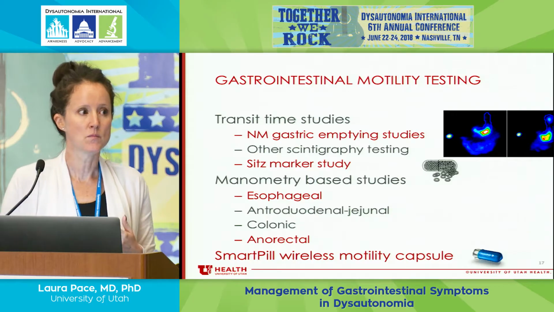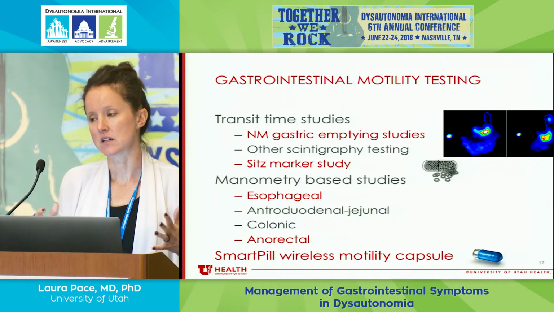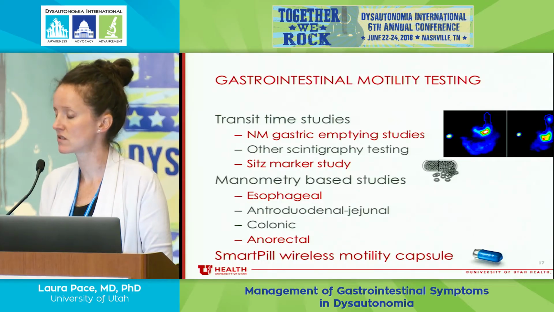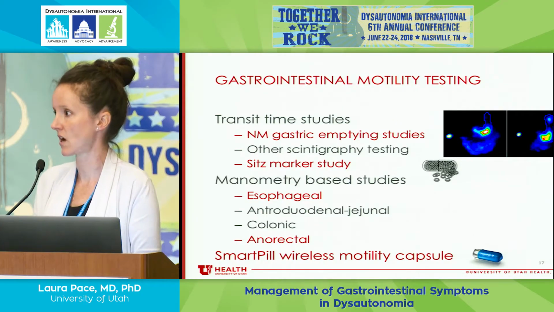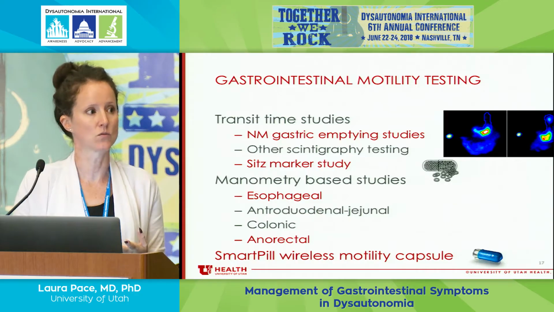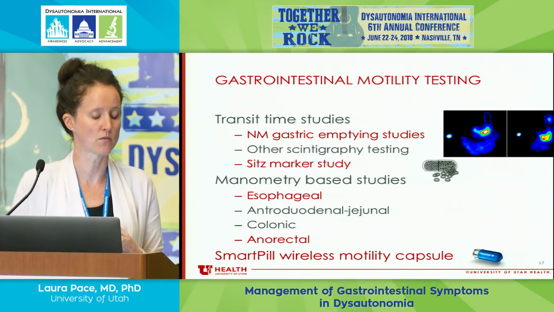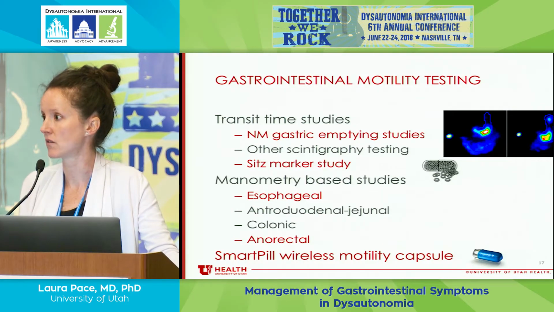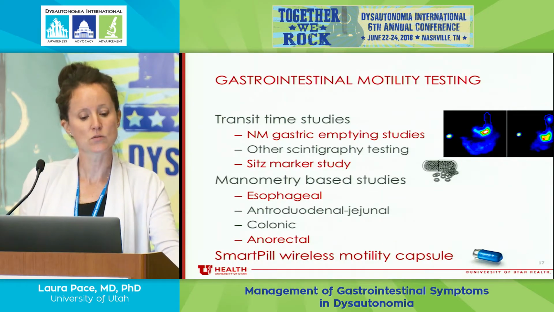When you get into the manometric-based studies, there are a number of them performed at most institutions. They include esophageal, where they're looking at esophageal motility, and anal rectal, where we're looking at the coordination of your pelvic floor. There are 2 other specialized types of manometry. There's antroduodenal jejunal.